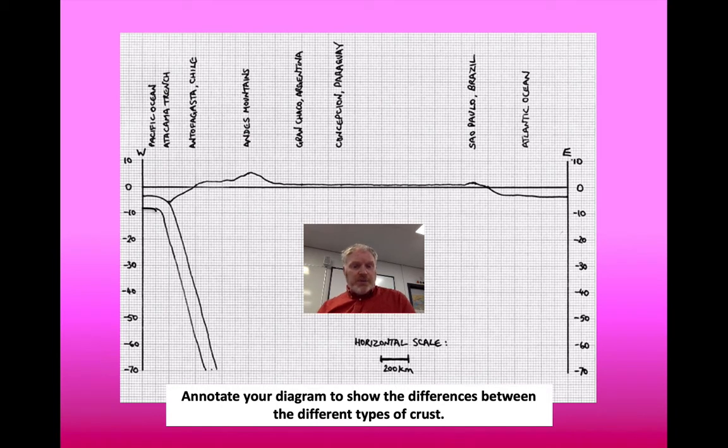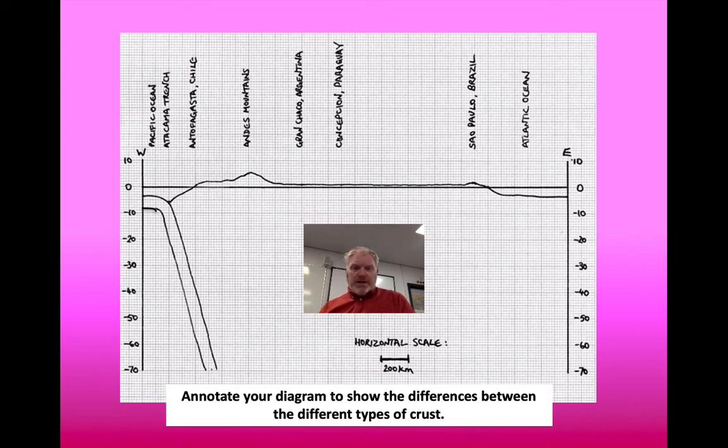So if there's any height above sea level, you need to take that away from the thickness to be able to plot its depth below sea level. You should then have a whole series of dots that go across the page, I'd then like to join those together to show the shape of the crust.